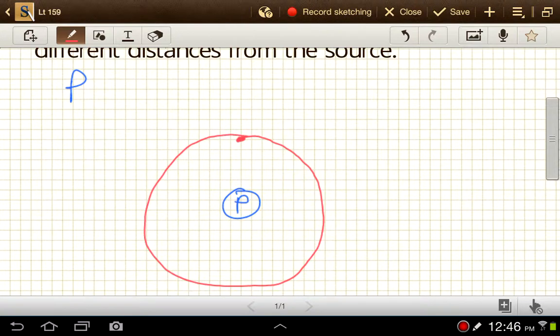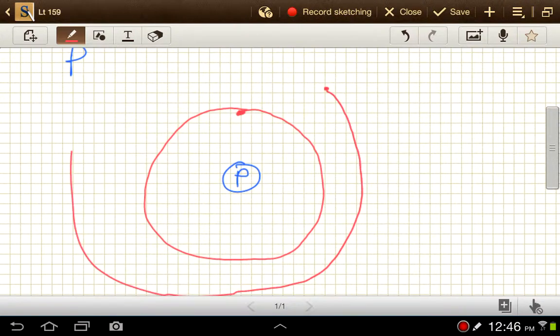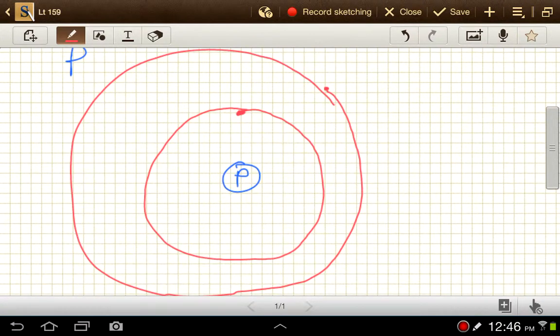So the power is spread out over a circle, actually in 3 dimensions, over a sphere in space. And so I'm only getting the power that occupies this one little part of that sphere. And then if we looked at a point that's a little farther away, then the power is spread out over an even bigger area there. Well, that's a pretty lousy circle, but you get the idea.